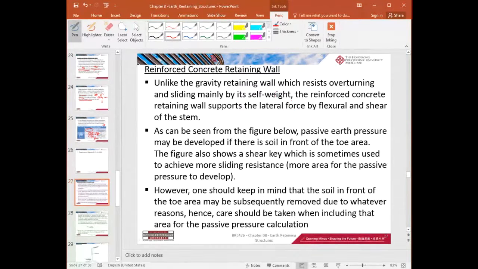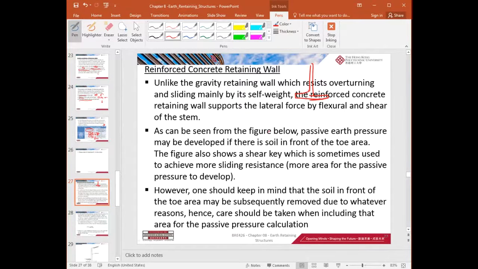Now what about for the other types of retaining wall, say RC retaining wall, concrete retaining wall? Now you cannot only rely on the self-weight of the gravity wall, because here it's not a gravity wall. It's very thin, right?